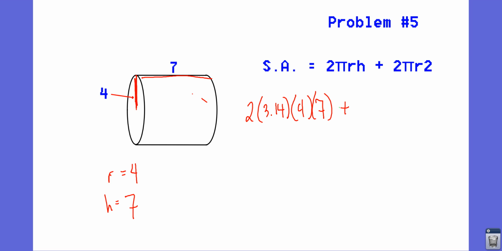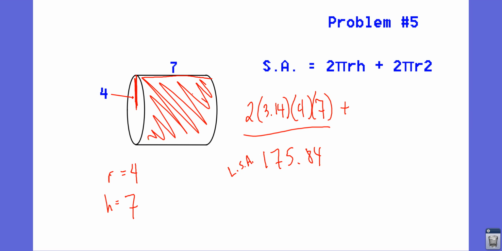All right, so I'm just going to solve this part real quick. 2 times 3.14 times 4 times 7, 175.84. Okay, there's your lateral surface area. That is the rectangle that's wrapping around the circles.